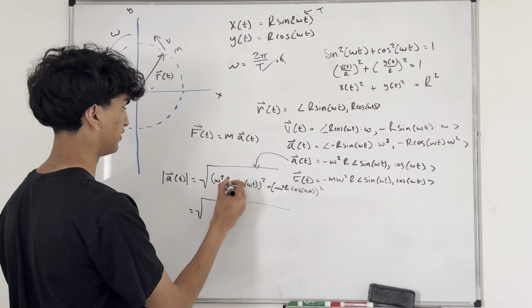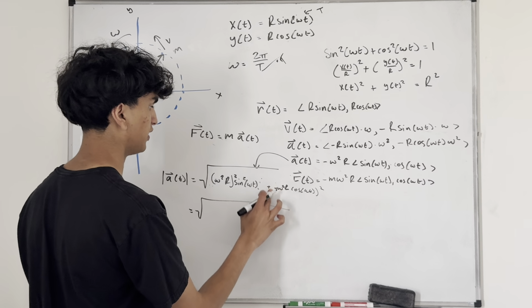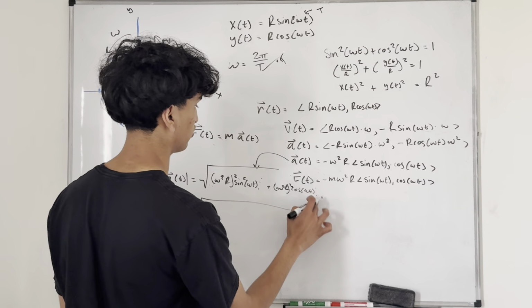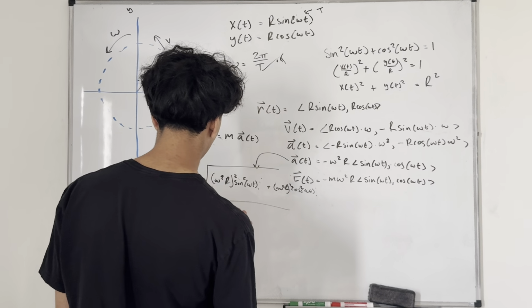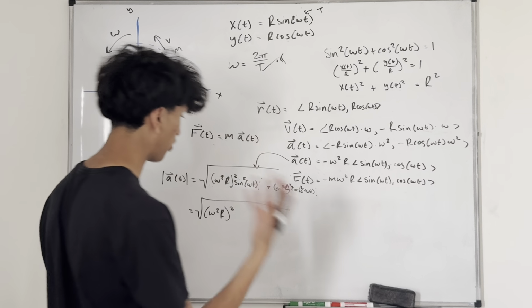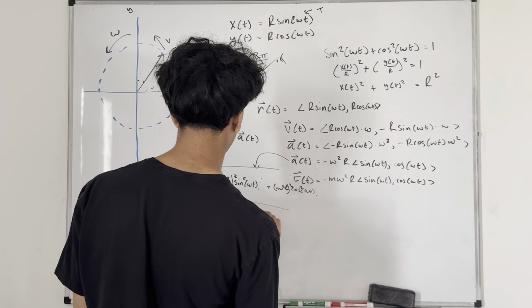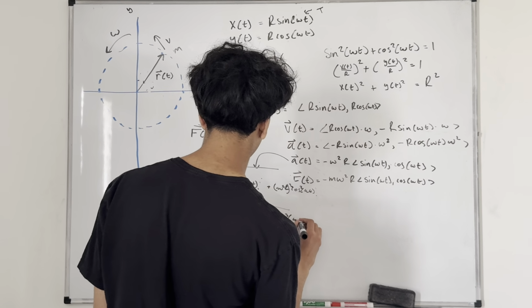So I essentially get this term squared times sine squared plus that omega squared term times cosine squared. When I factor out the omega squared r term, I get sine squared omega times time plus cosine squared omega times time.